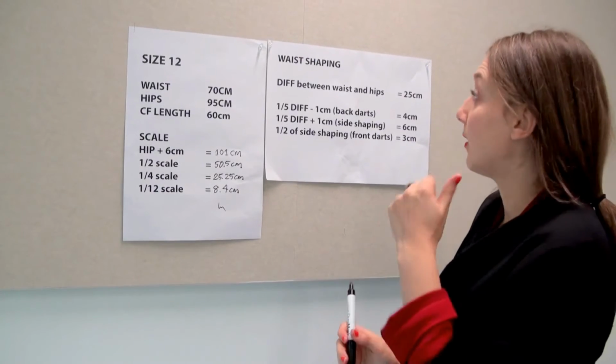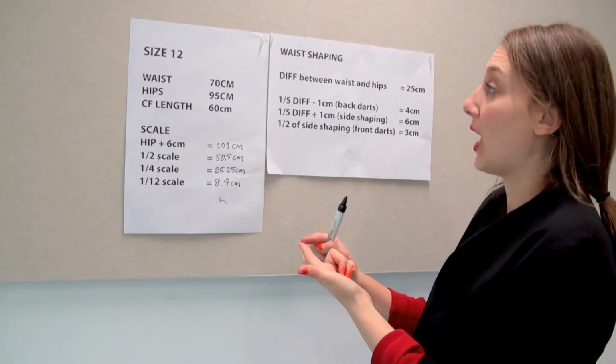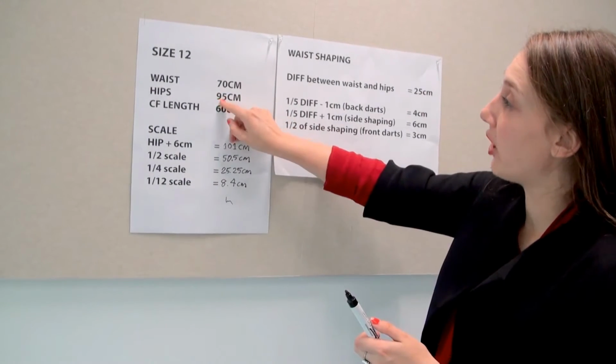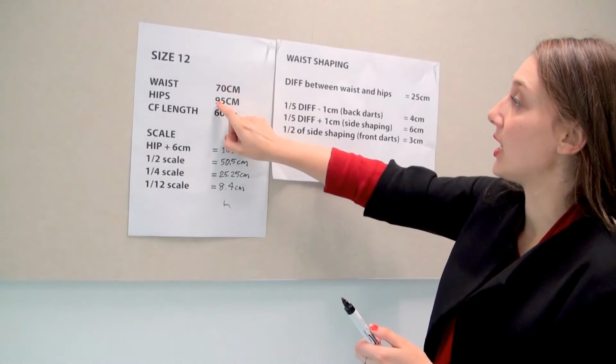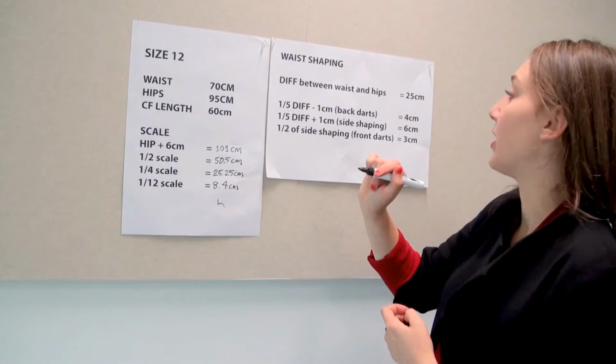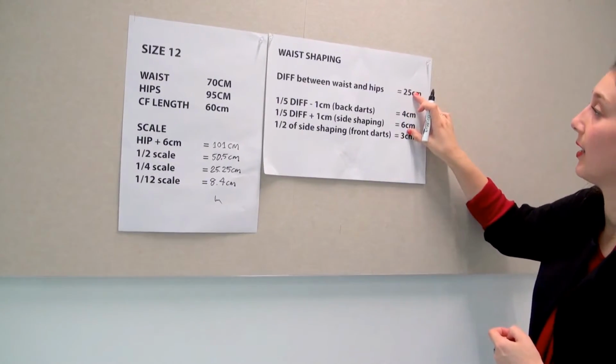So we take the hip measurement and take away the waist measurement. So 95 take away 70 gives us 25 centimetres, which is that measurement here.